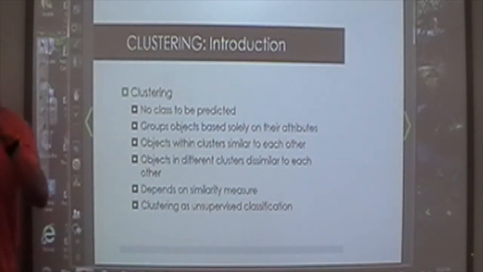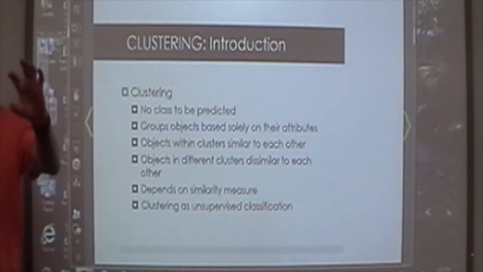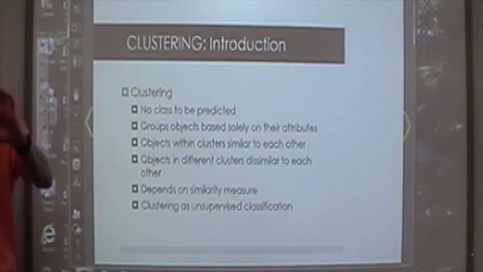All we're doing is seeing different groups of your data instances grouped together by some measure of similarity or dissimilarity. Groups are going to be grouped based on their attributes. Those in each group are going to be more similar, whereas objects between groups will be less similar. And that's the basic idea.